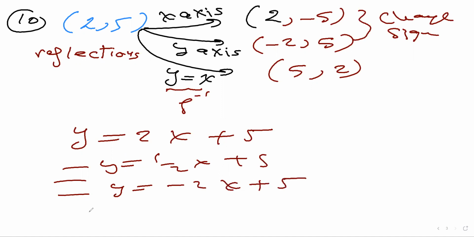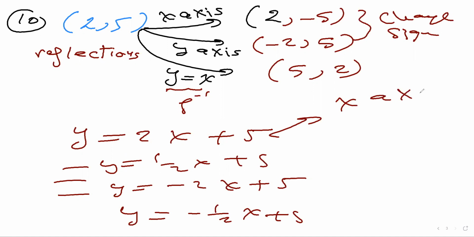And y equals -1 over 2 x plus 5. They say this line is reflected across the x-axis. Without thinking, guys, once the line is reflected across the x-axis, I change the sign of the slope.